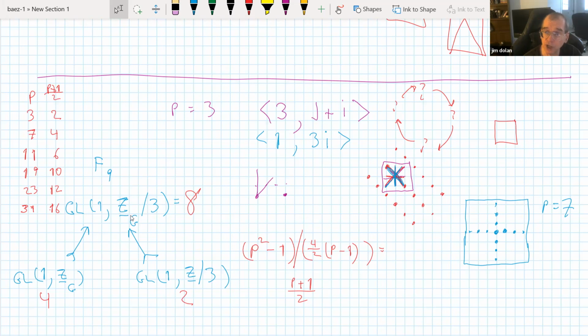That turns out to give an abelian extension of the Gaussian integers or the Gaussian rationals.